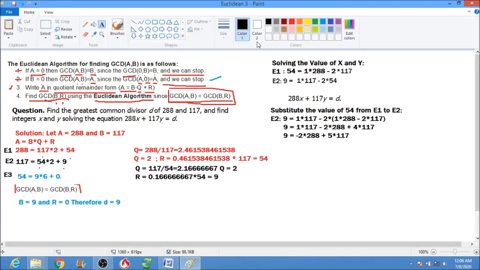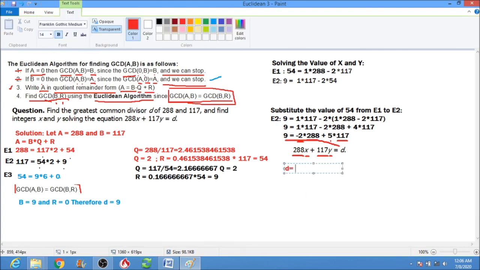So as you can see, by correspondence, 9 is your D, X is negative 2, and Y is equal to 5. So D equals 9, X equals negative 2, and Y equals 5.